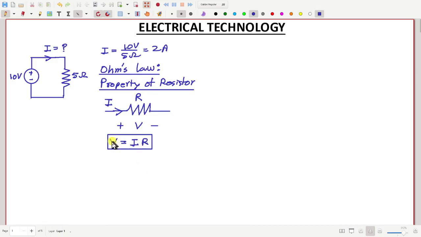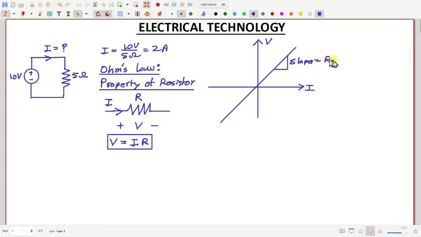Now, therefore, the voltage and current relationship can be expressed pictorially using a graph where say x-axis denotes the current through a resistor and y-axis denotes the voltage across the resistor. Then V equal to IR is a straight line passing through the origin, and the slope of the straight line is the value of the resistance R. Okay, so that's the property of resistors.